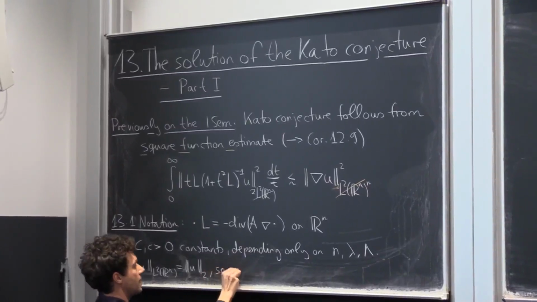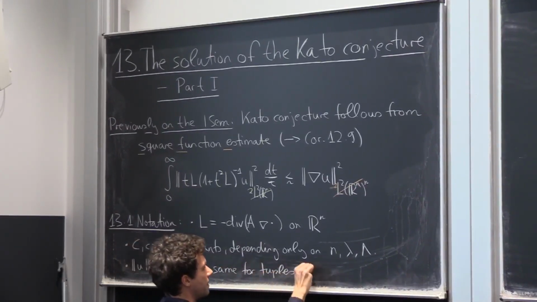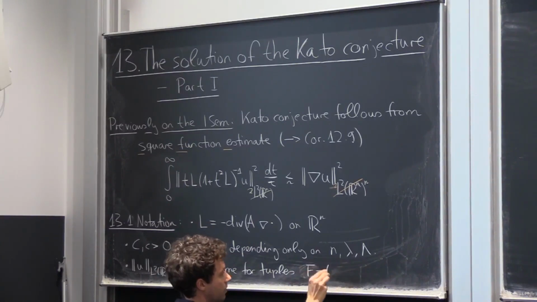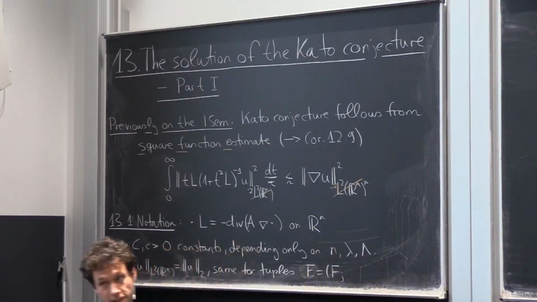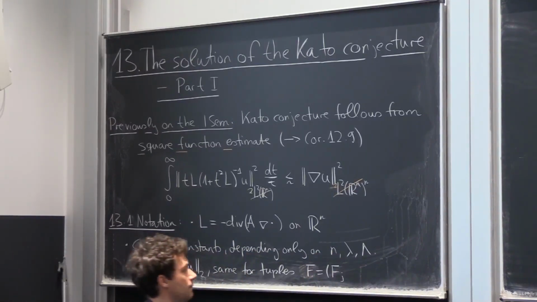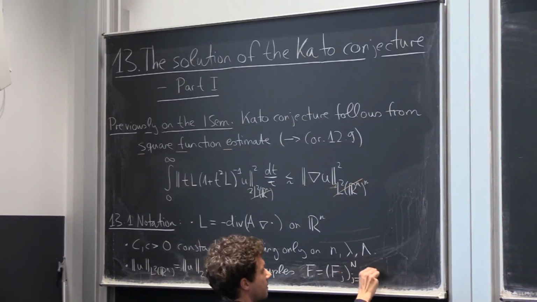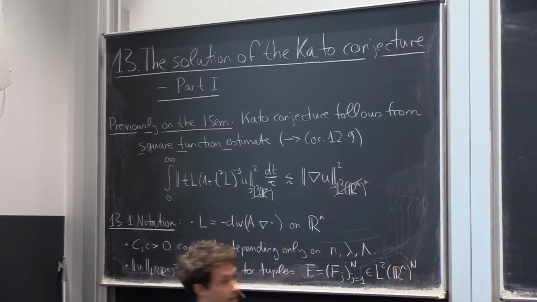And so the same for tuples, say F. Typically, capital F is going to be one of these vector valued functions. I mean, vector valued in a very easy way. It's just a finite number of components. Components I'm going to write with indices, and these are functions in L2 Rn to the n. All right, it's no big deal.